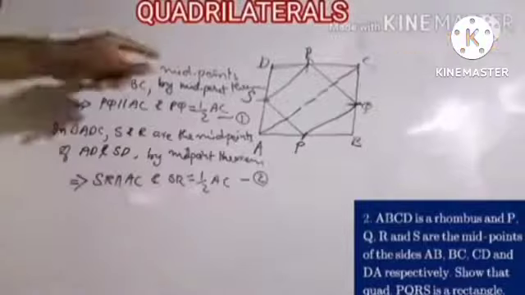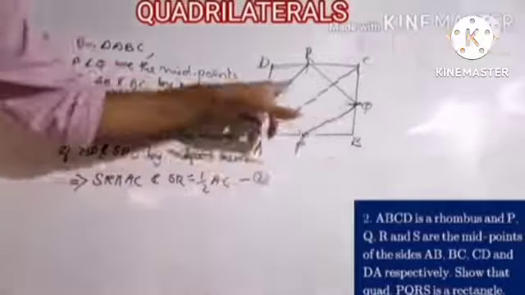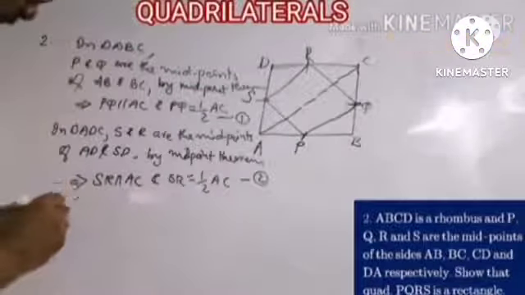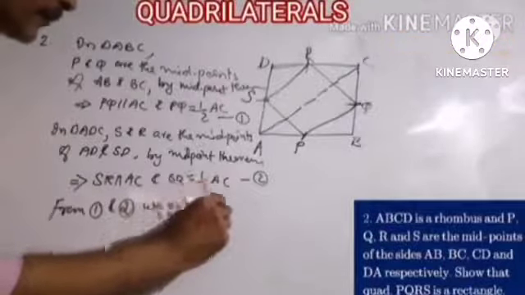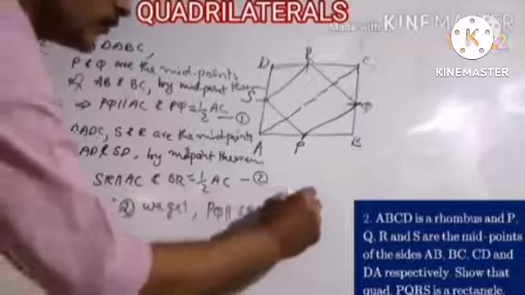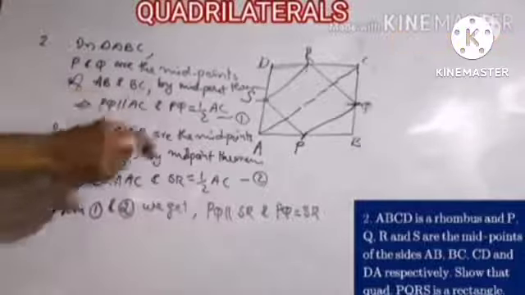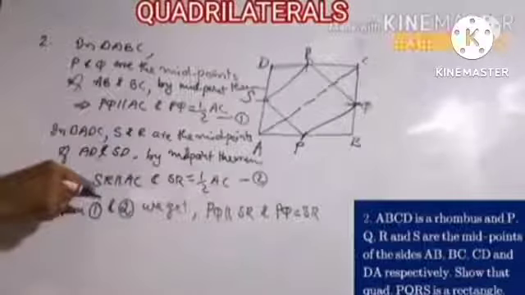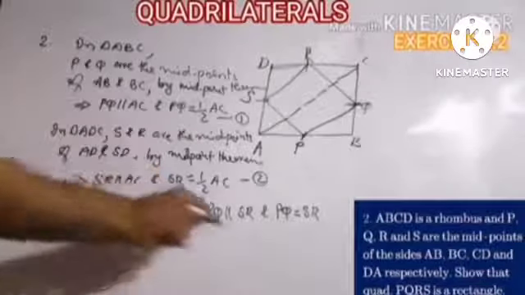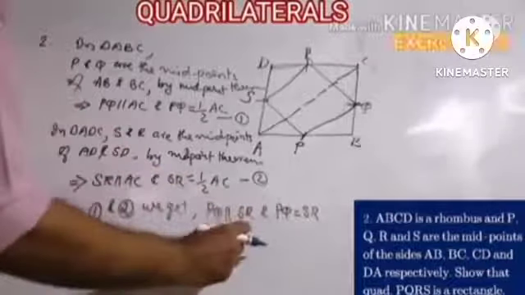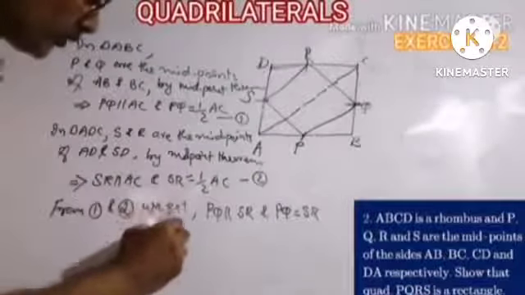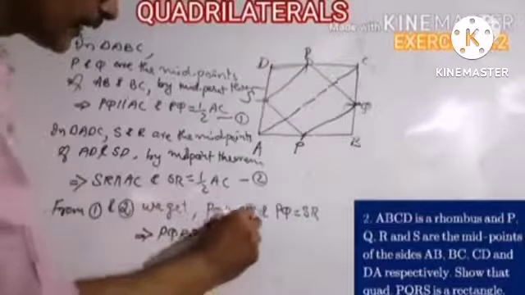Now from 1 and 2 we get PQ parallel to SR and PQ equal to SR. Because PQ is parallel to AC and SR is parallel to AC, PQ is parallel to SR. PQ equals half AC and SR equals half AC, so PQ equals SR. One pair of opposite sides parallel and equal implies PQRS is a parallelogram.